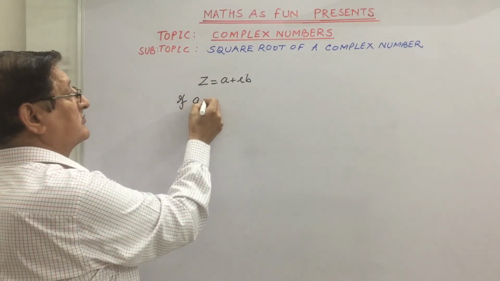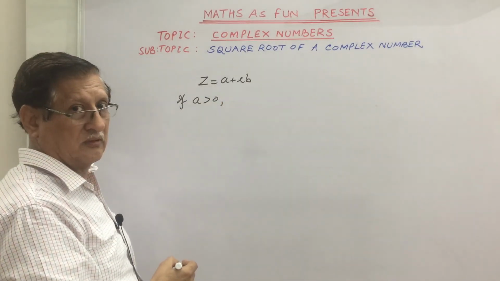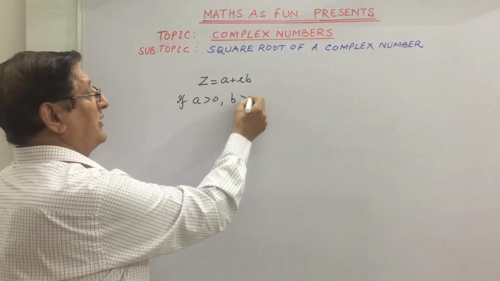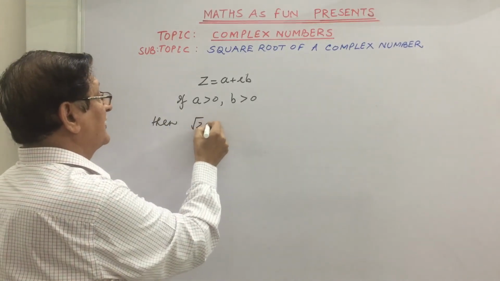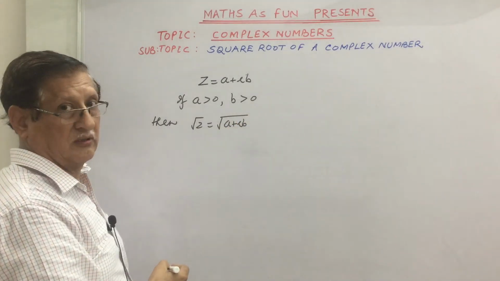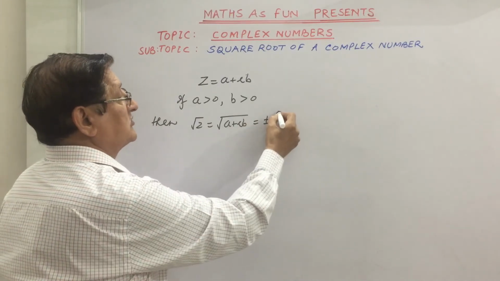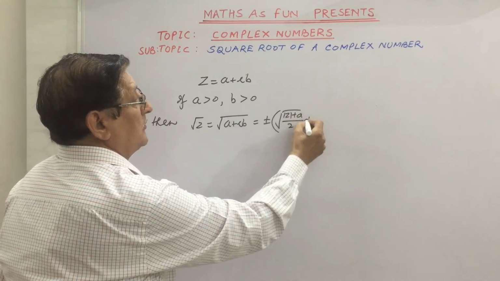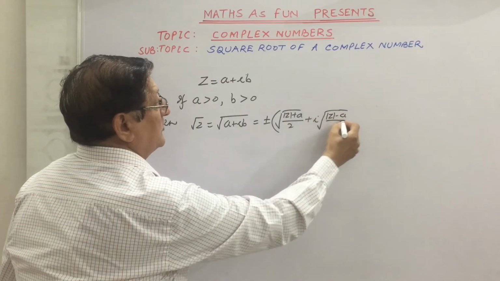If a is greater than 0, b is greater than 0, then we have seen that root of z, that is root of a plus iota b, was given by the formula plus minus root of (modulus z plus a) upon 2 plus iota root of (modulus z minus a) upon 2.